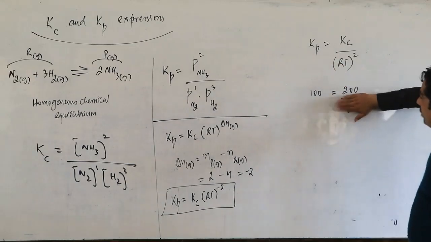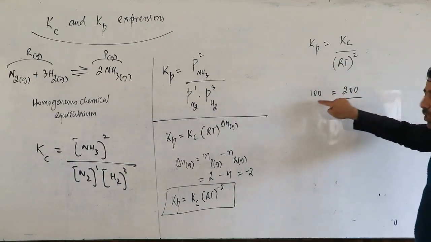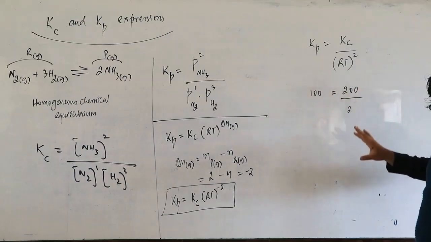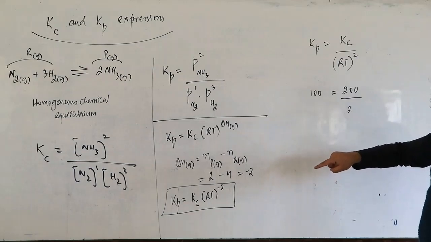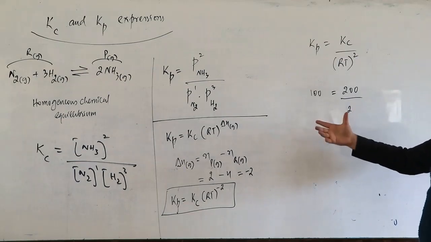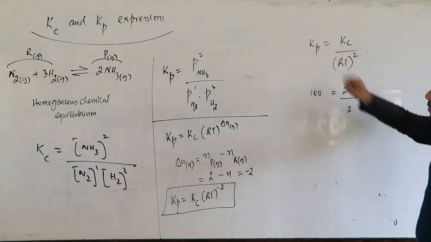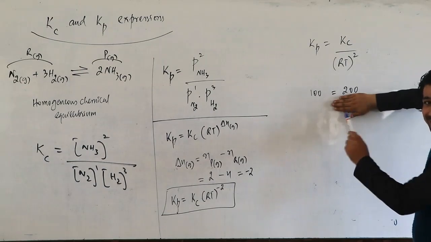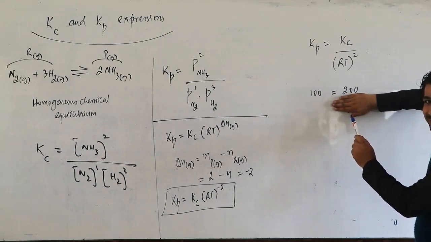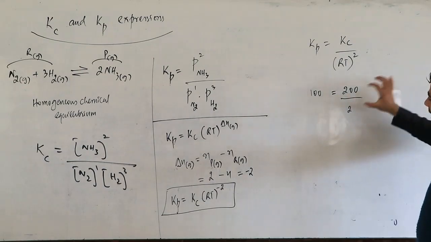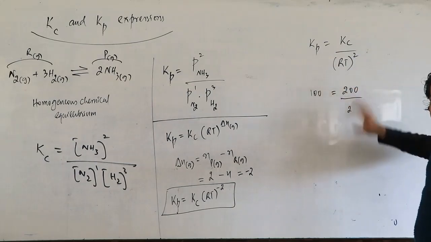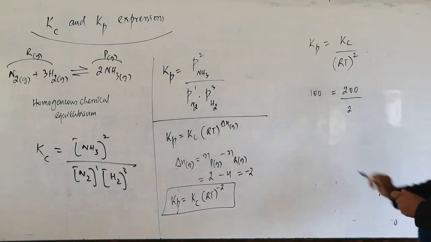Now look here, they will become equal: 200 divided by 2 is 100. But individually, Kc is greater than Kp.